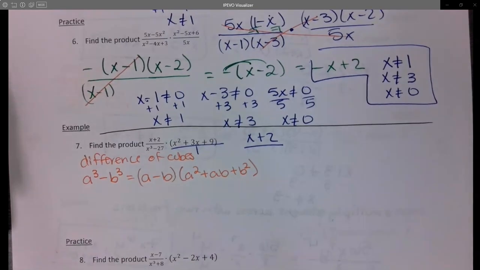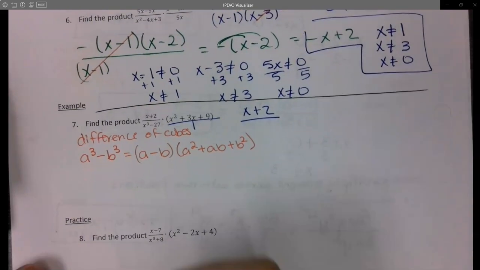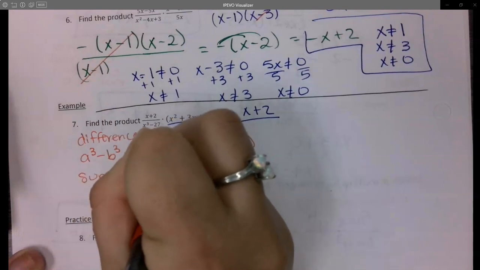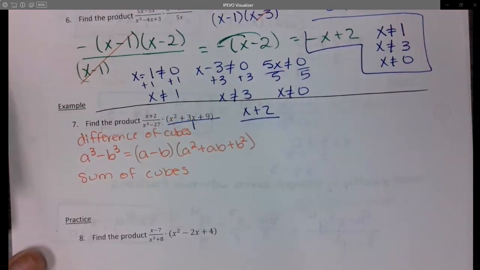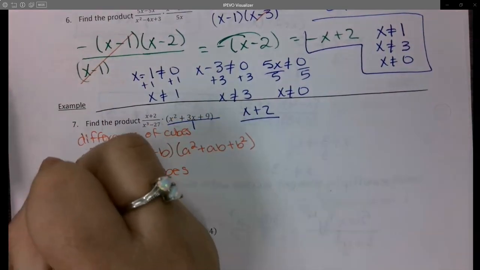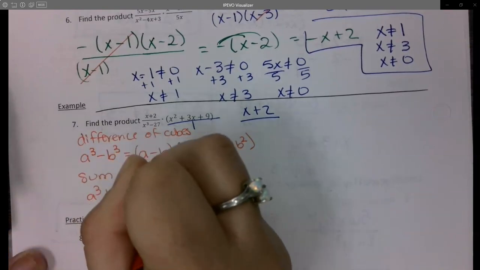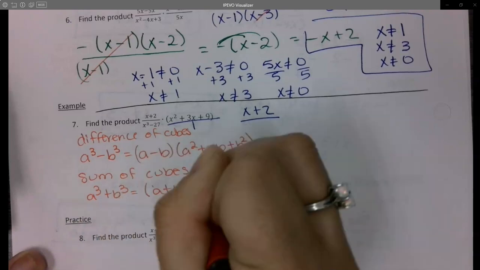So when I have a difference of cubes pattern, it follows the one I just wrote in red. And I'm going to write the sum of cubes because I'm pretty sure you need that formula for number 8. We've learned these before. I think it was last semester. It could have been this semester. I don't remember.